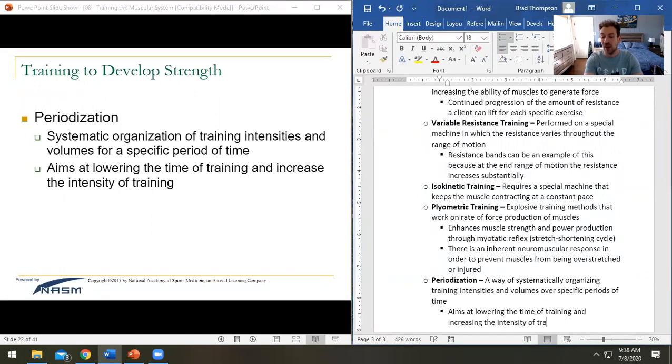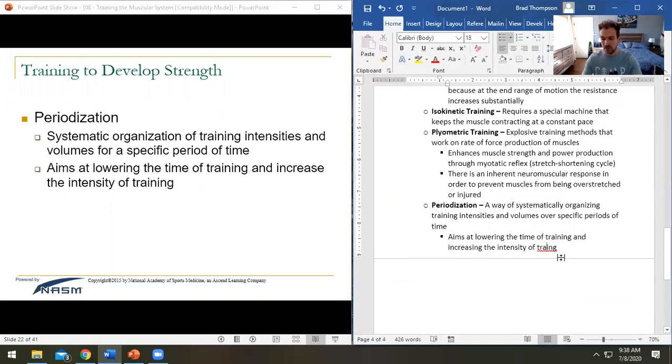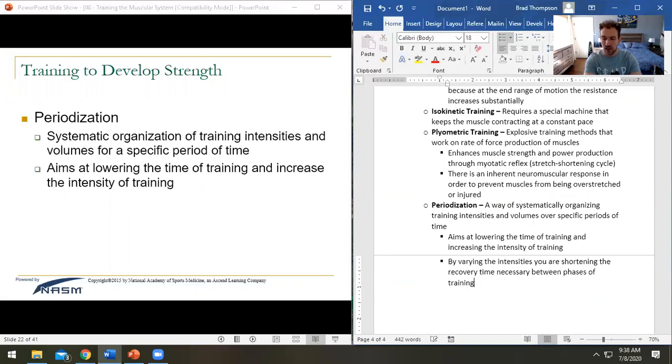What they're saying there is that lowering the time you take to train and raising the intensity allows you to vary your intensities. By varying the intensities, you are shortening the recovery time necessary between phases of training.